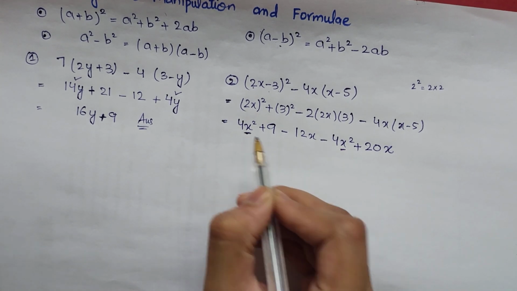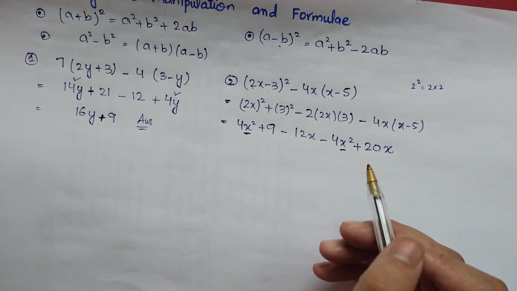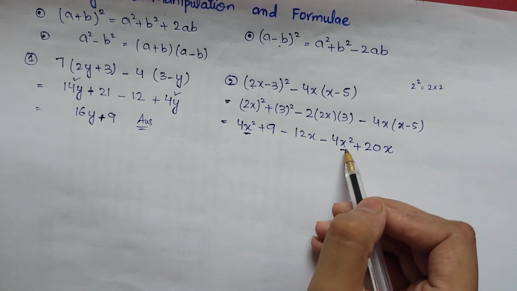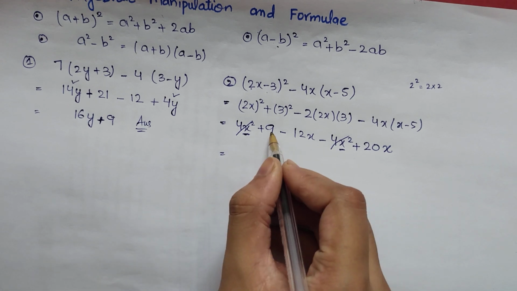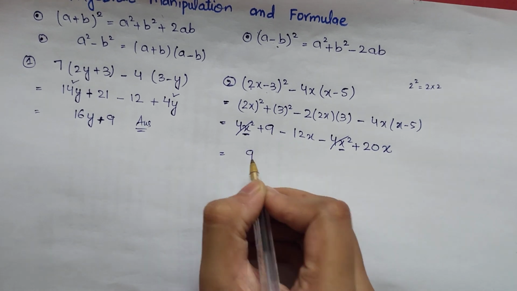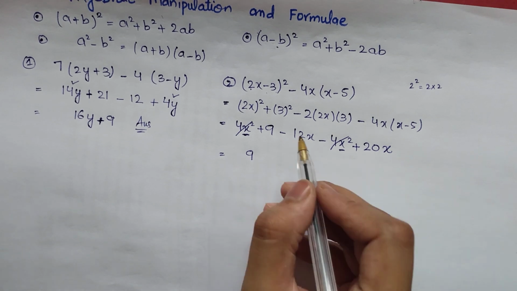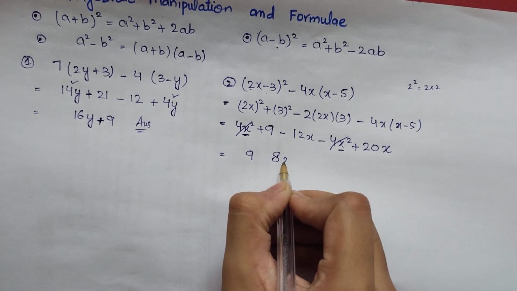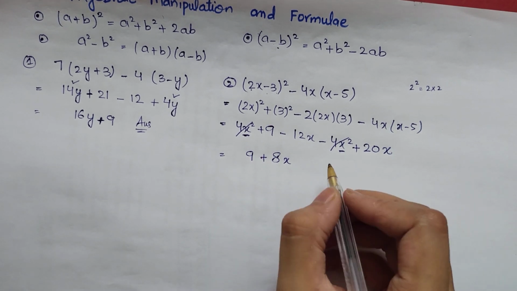You solve both because they have the same variable x square. Here it is plus and here it has minus sign, so plus and minus cancel out. 9 remains as it is because there is no other constant. Minus 12x and plus 20x, 20 minus 12 becomes 8x, and you put the sign of the greater value, which is 20, so we put plus.